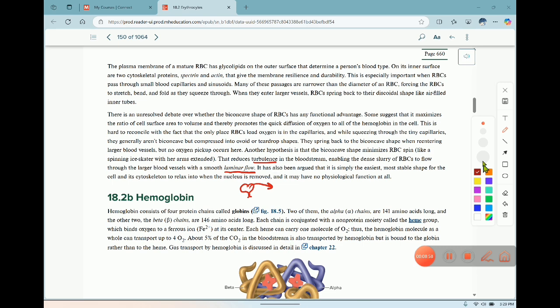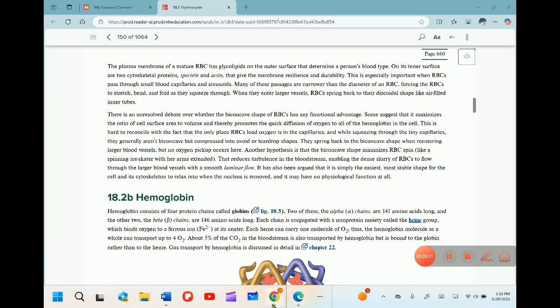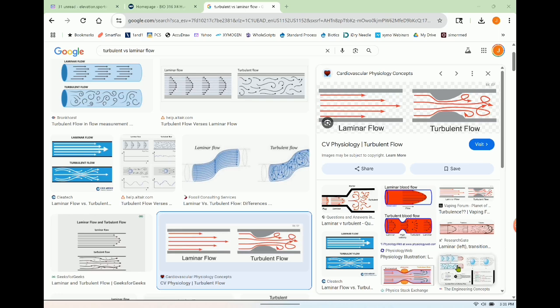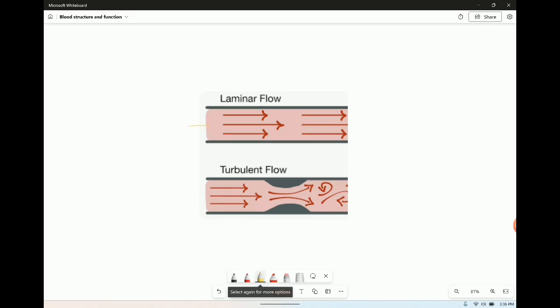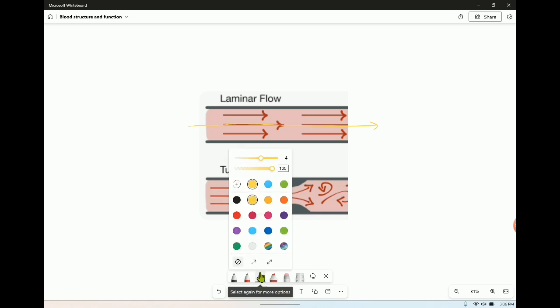Let's look at the difference real quick. Laminar flow is when blood is traveling through the tube without interruption. So it's just a continual flow.